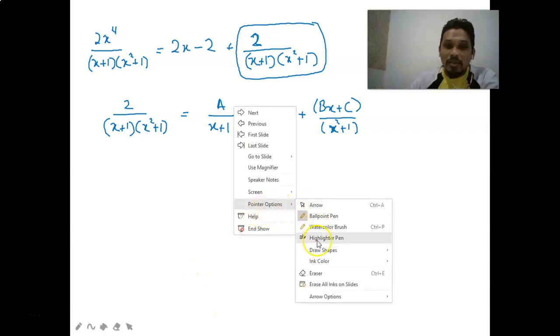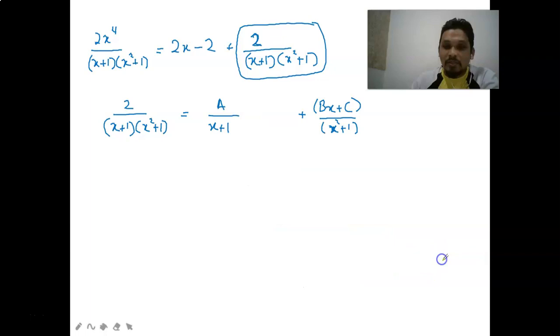Okay, now as usual, I'm going to change the color of the ink here. Right now, look at this. The denominator has x plus 1 and x squared plus 1. So for this, it has x squared plus 1, it needs another of x squared plus 1 and also x plus 1.